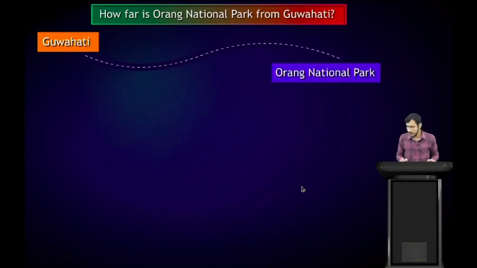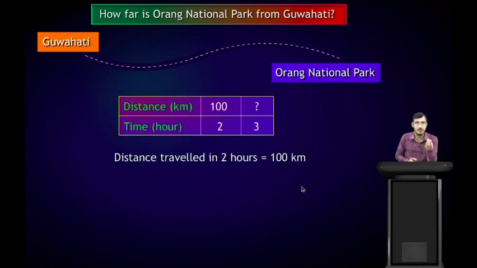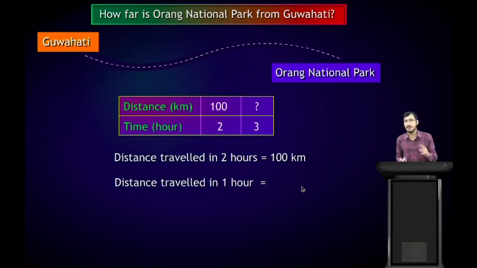So let's first find the distance from Guwahati to Orang National Park. Distance travelled in 2 hours is 100 km, already given in the question. So distance travelled in 1 hour is 100 by 2, that is 50 km.